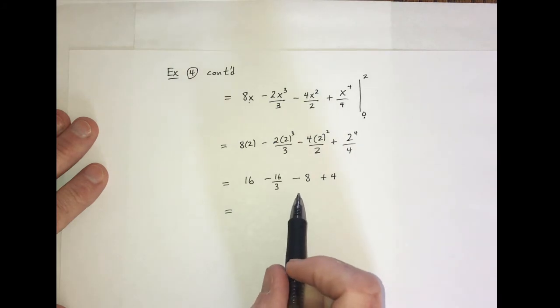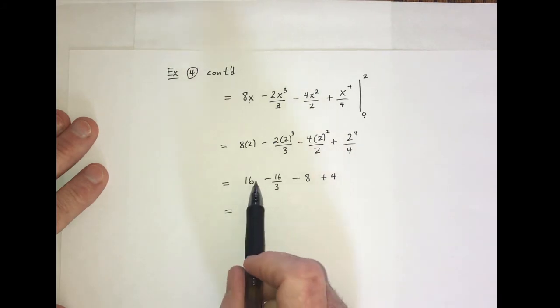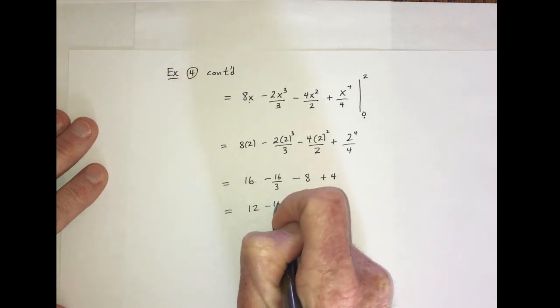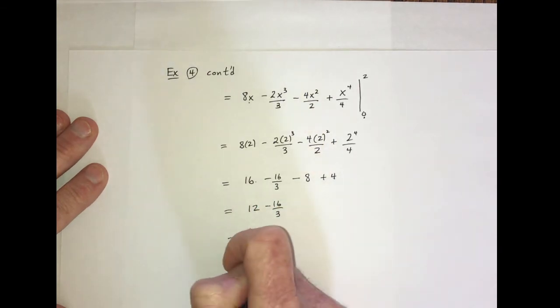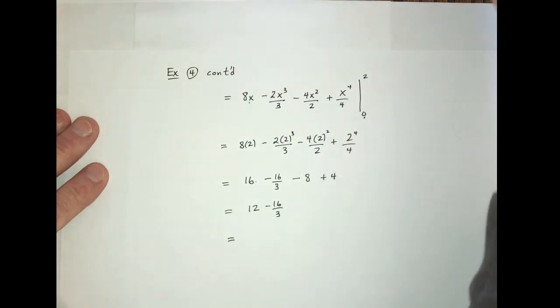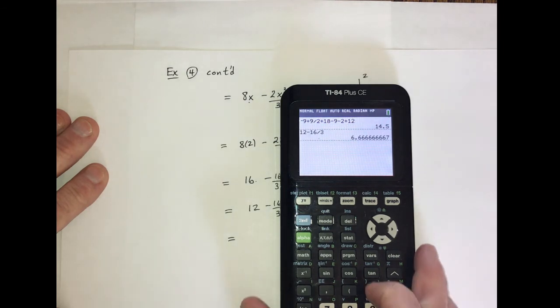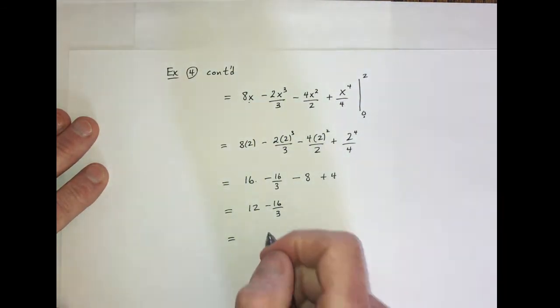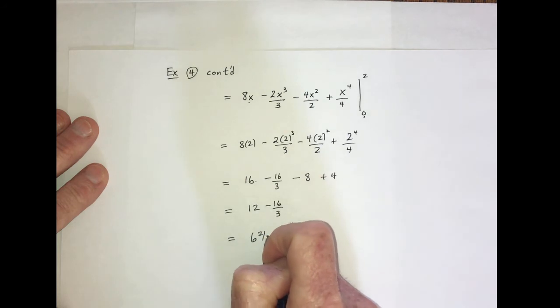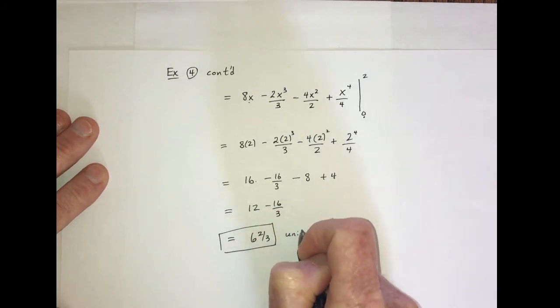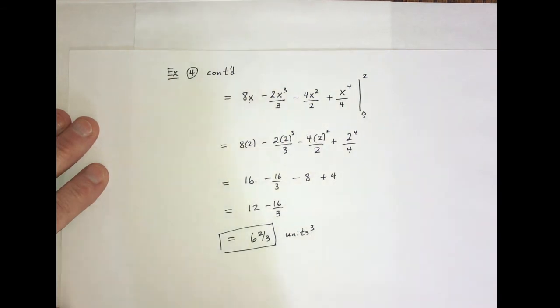So that's going to be 20 minus 8, so it's 12, minus 16 thirds. 12 minus 16 thirds, 6 2/3. So that would be the volume. So whatever the units are, it would be in cubic units.